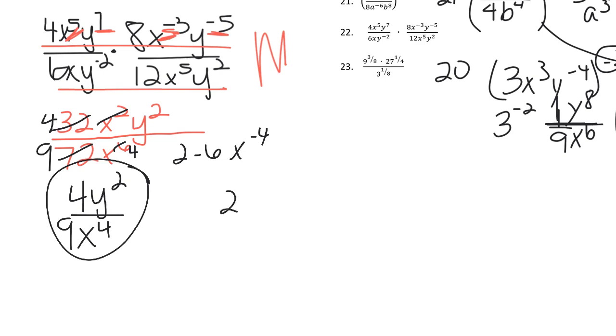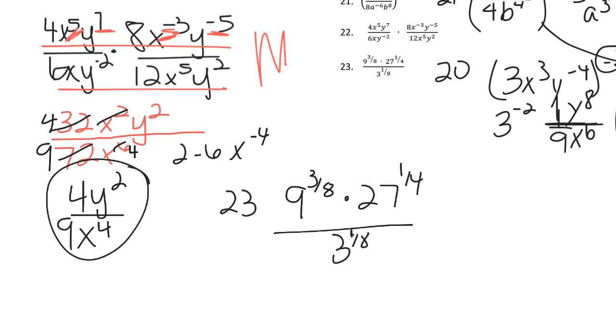And number 23. 9 to the 3/8 times 27 to the 1/4 over 3 to the 1/8. Well, my bases aren't the same, and neither are my exponents. So what I have to do is make my bases all the same. These are all powers of 3. So 9 is 3 squared.